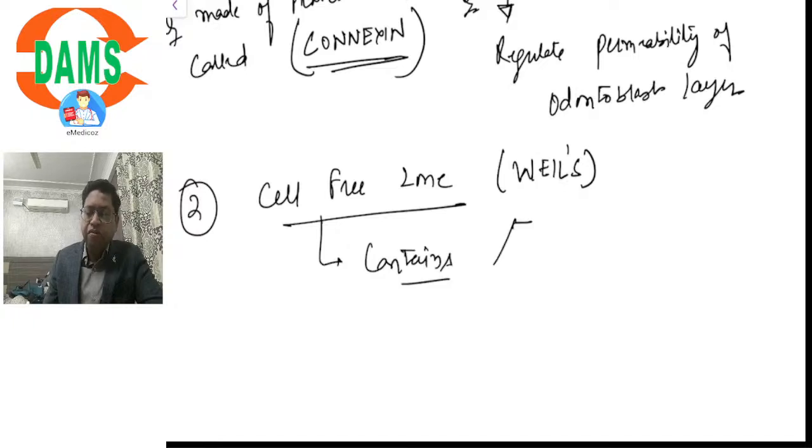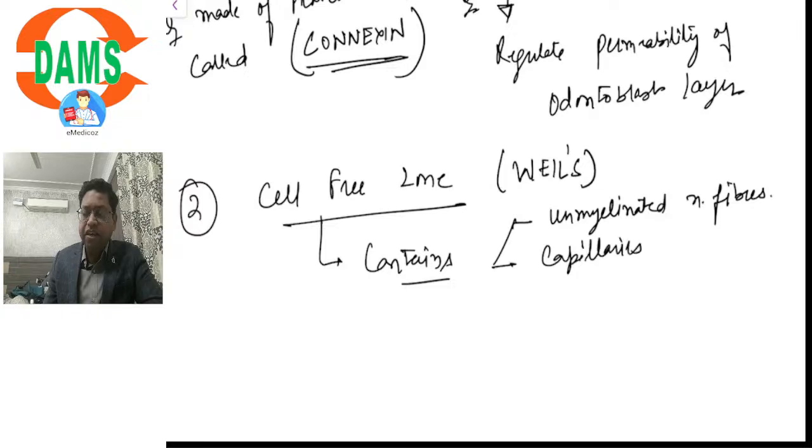It contains mostly unmyelinated nerve fibers that form a subodontoblastic plexus. It contains capillaries for the blood supply, and dendritic cells.